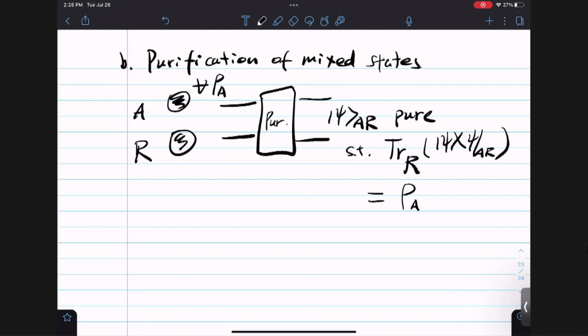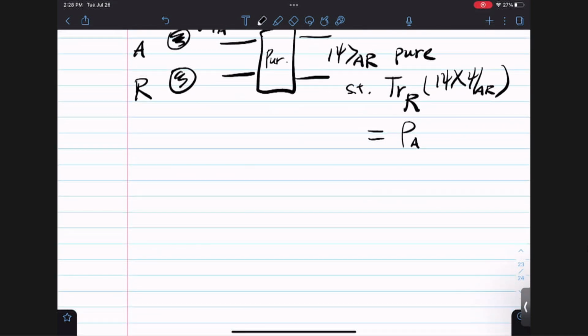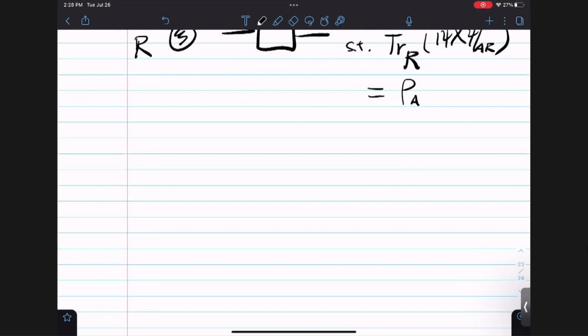We will still have the density on the original system. Okay. Do I want to show the proof? Yeah, maybe I can show you the rough idea. It's an application of Schmidt decomposition.